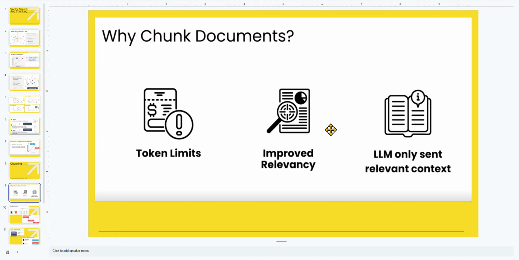Then it is easy for the LLM to just search through this one page of data, and it can quickly answer, the number of tokens will be less, and it has very relevant information. And the final reason is, if you do small chunks, then you only send very relevant information to it. It doesn't have to figure out which information from the whole data is relevant or refine it.